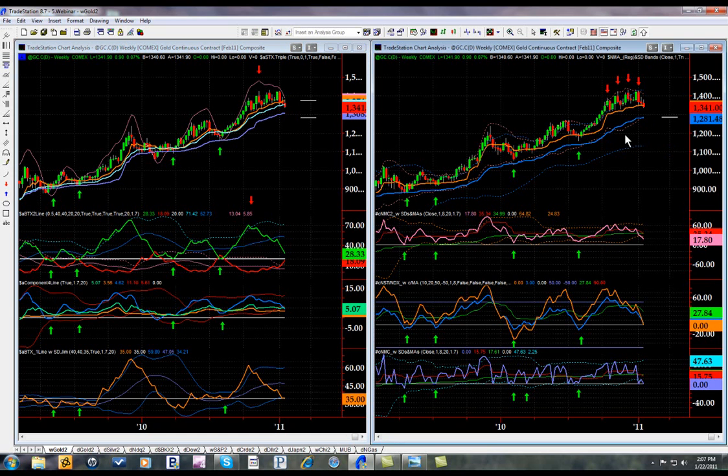Notice that we've also had violations of the upper standard deviation 4 times right in here, as happened right here, and here, and here.